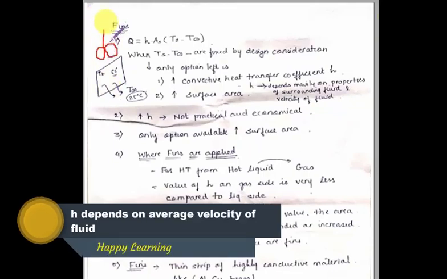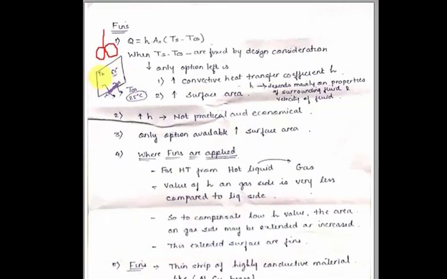Initially, before the fan, for the plate to cool from 60 to 25 degrees, it takes around, say for assumption, 1 hour. But now after installing a fan, this same plate is cooled down to 25 degrees in half an hour. So I have increased the h value over here by installing a fan.